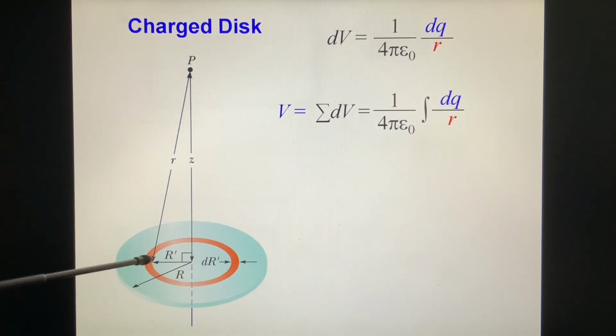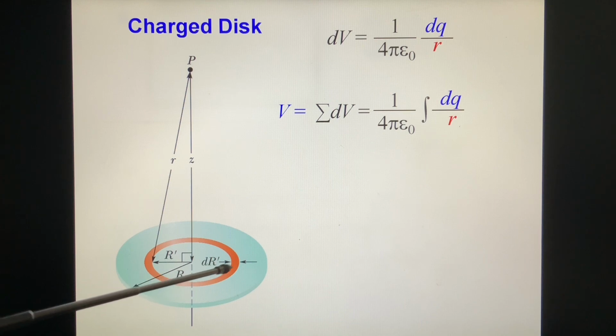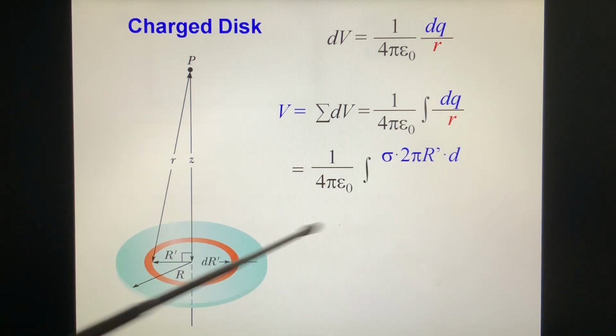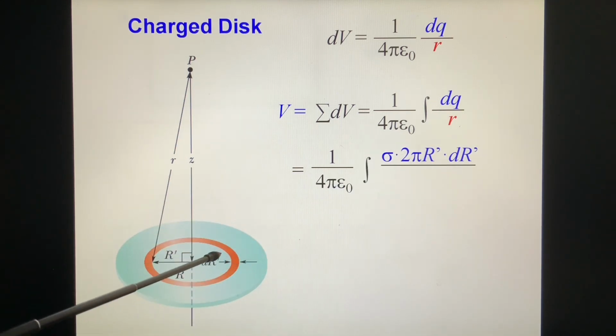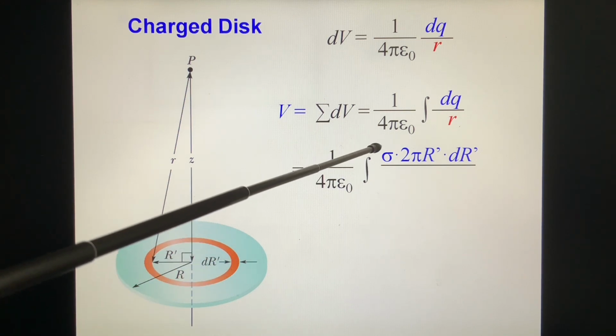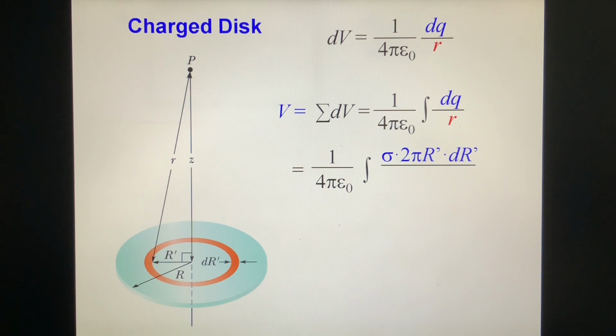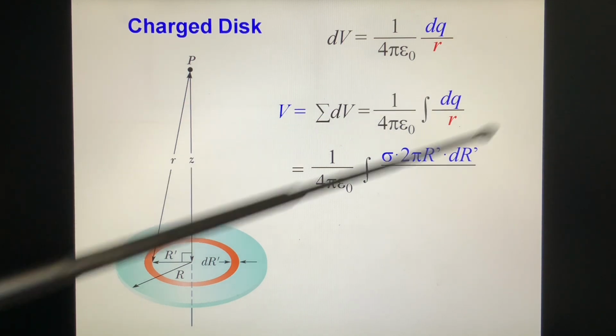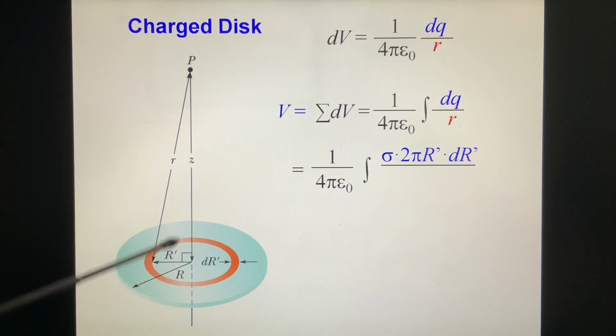What is dQ? dQ is the total charge of the ring: 2 pi r prime dr prime, the area of this brown ring, multiplied by the surface charge density sigma. This r equals the square root of r prime squared plus z squared.